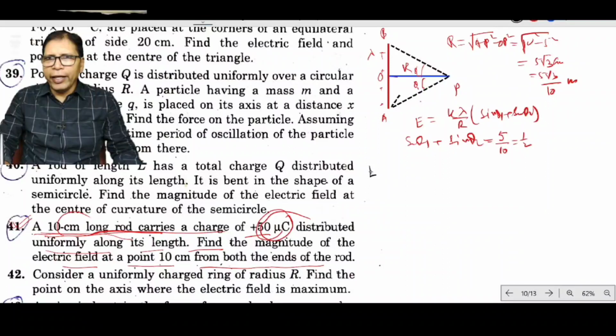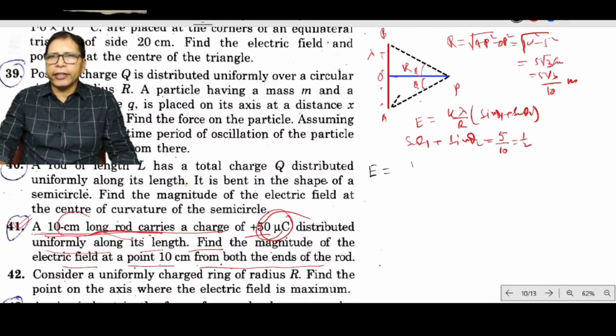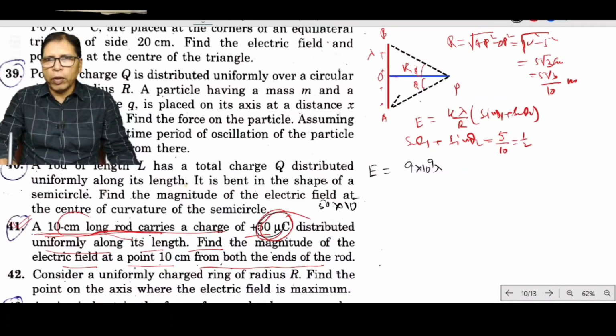So look at this, the electric field E equals K. What is the value of K? K is 9 into 10 to the power 9. Lambda, look at this, lambda is the charge by length. Charge is equal to 50 microcoulomb by 10 centimeter. So look at this, 50 into 10 to the power minus 6 by 0.1.